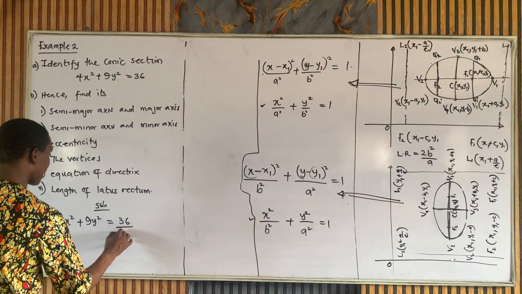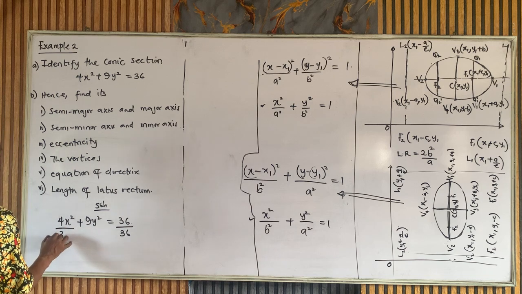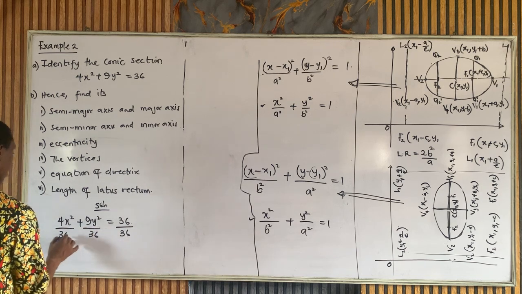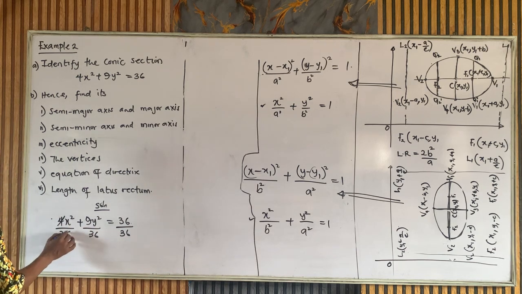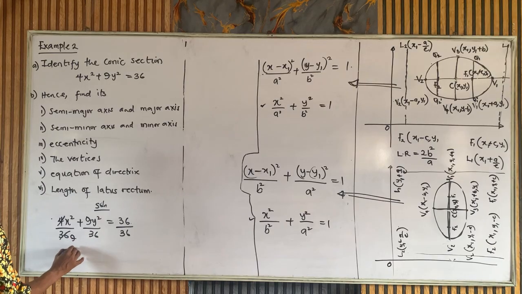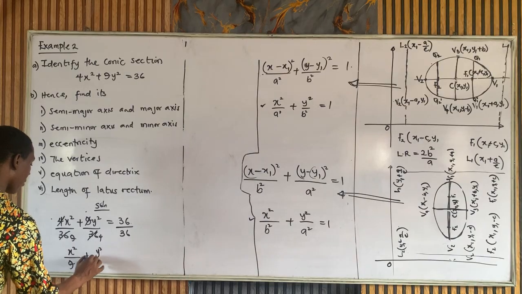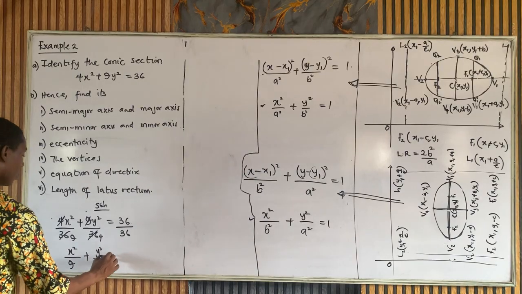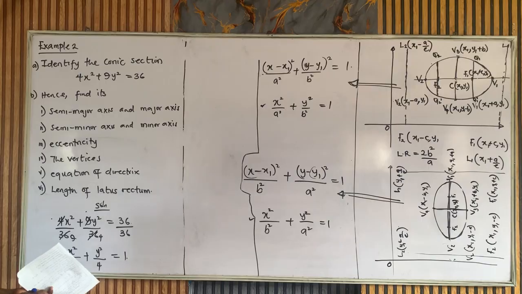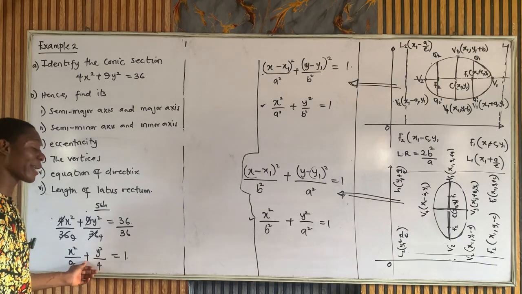Dividing here by 36, and here by 36, and here by 36. This will give us 4 over 36 is 1 over 9, that is x squared over 9, plus 9 over 36 is 1 over 4, which gives y squared over 4, is equal to 1. It is an ellipse, simply because there's no minus here.